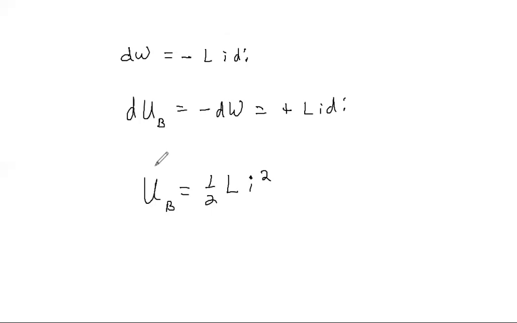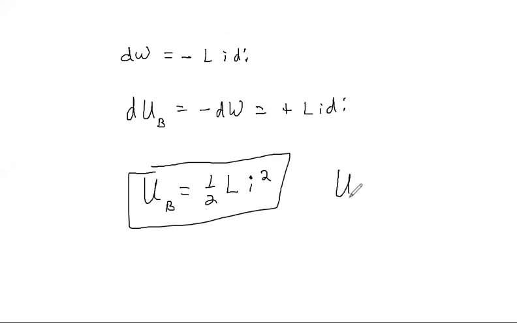That's a formula that is very similar to the one we had for capacitors, where the potential energy in a capacitor was 1/2 Q squared divided by C, the capacitance.